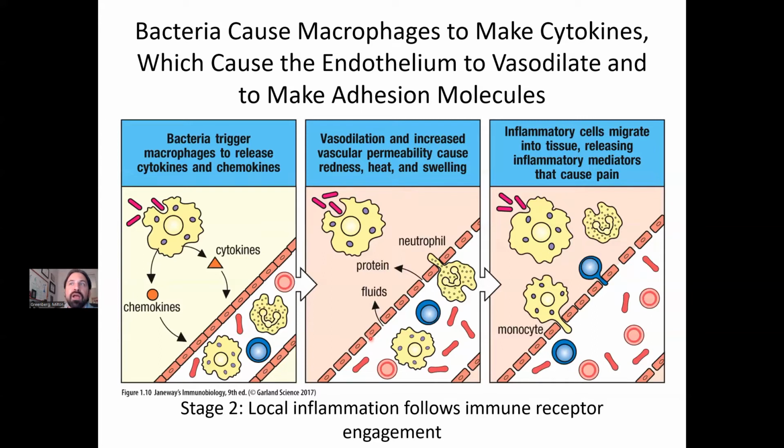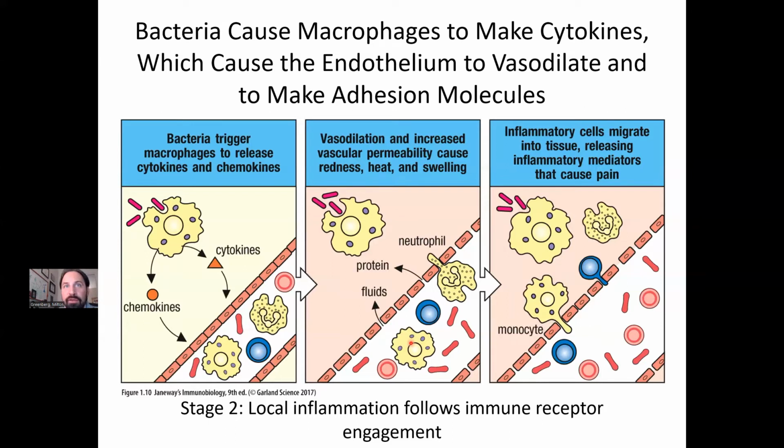By disrupting those tight junctions, now you're having fluids come in. You're also having neutrophils come in, and the reason these neutrophils and other immune cells can come in is because of those adhesion molecules now expressed on the endothelium. We also have other blood cells making it in, and this vasodilation is going to cause more and more blood in that local area.